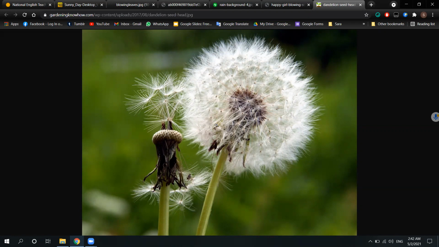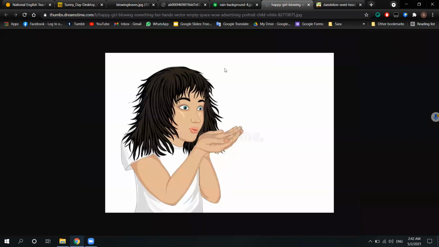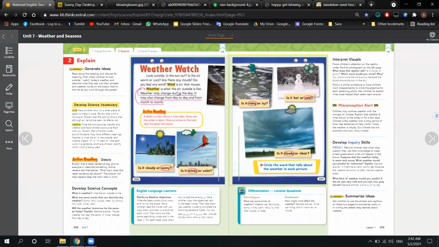I think you guys know it, or you've already tried to do it before. You put it here and you try to blow it away. So that is what we mean by air that moves, okay? You notice that something is moving because of what? Because of air. We can't see air, but we can see what air causes.